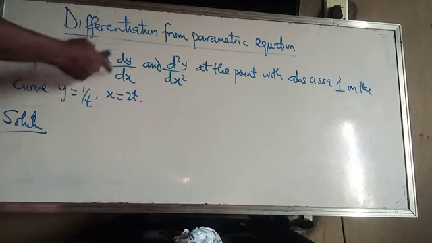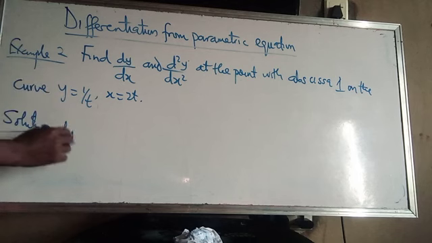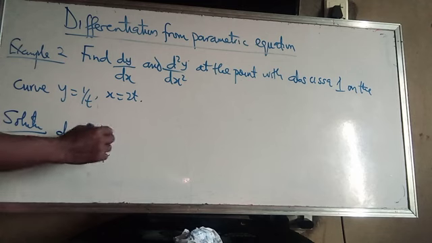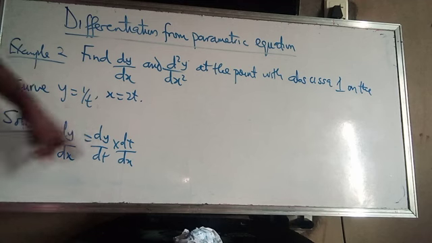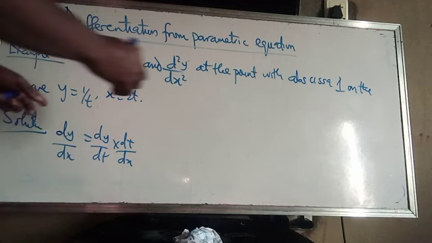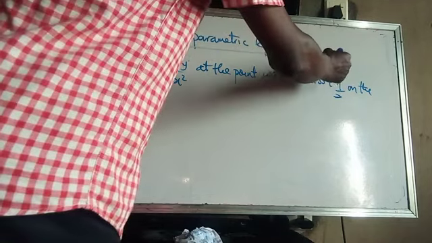Now, from what you have learned, dy/dx will be dy/dt times dt/dx. Yes, that's how it should be, so that when it crosses out, this is like function of function. The abscissa here means when x is equal to 1.